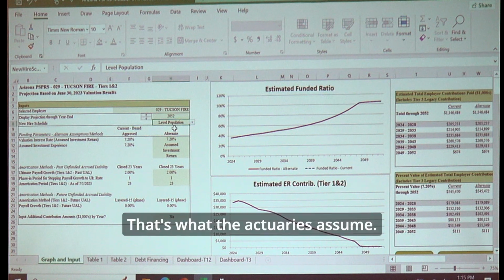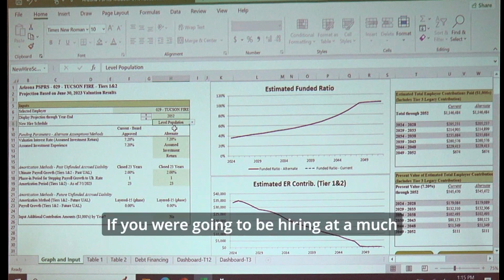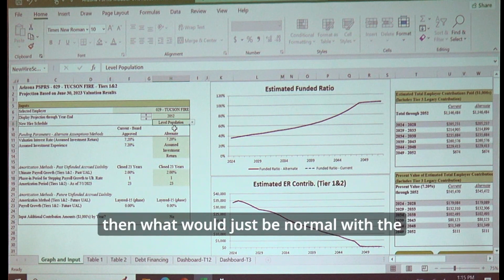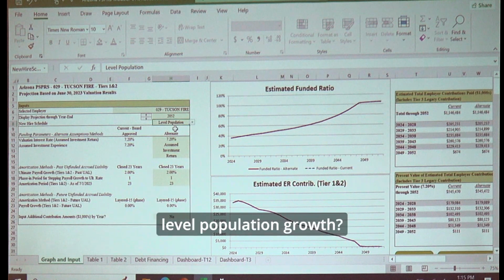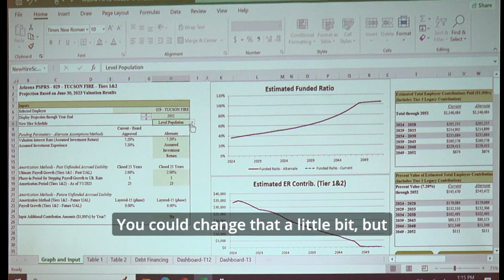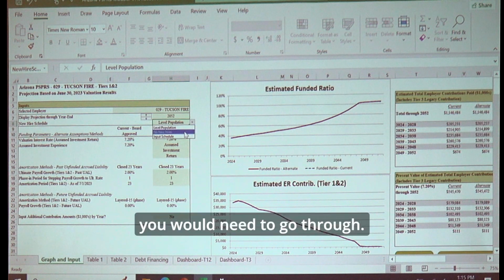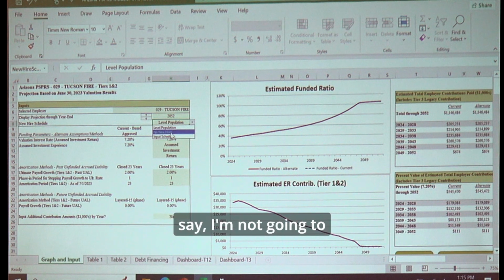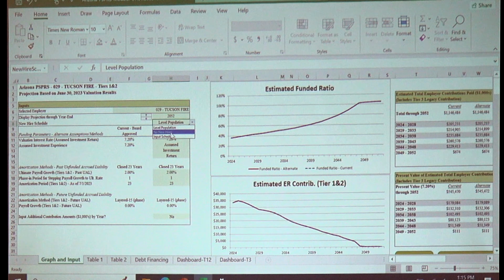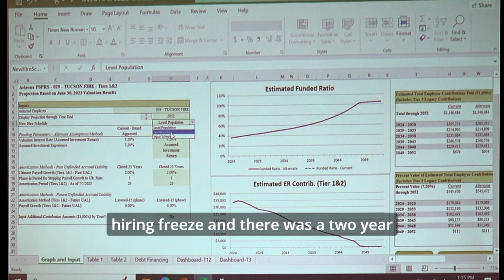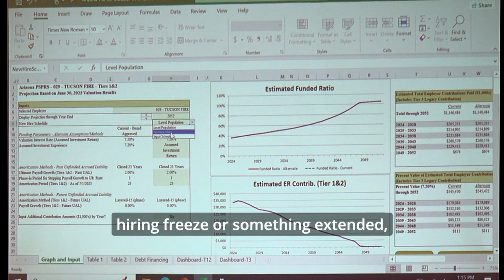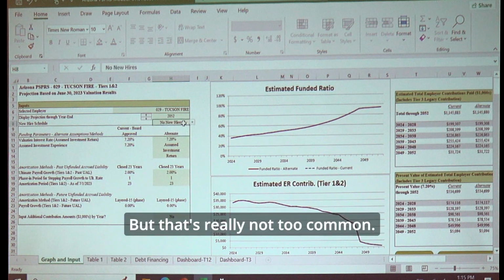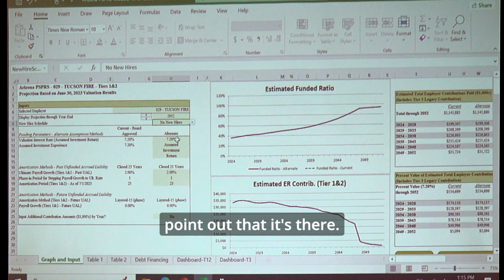That's what the actuaries assume. If you were going to be hiring at a much faster or slower clip than what would just be normal with a level population growth, you could change that a little bit. But you would need to go through, there's an input schedule before. You can say, I'm not going to hire anybody at all. If, for example, you're going through a hiring freeze and there was a 2-year hiring freeze or something extended, you could do that. But that's really not too common. I just wanted to point out that it's there.